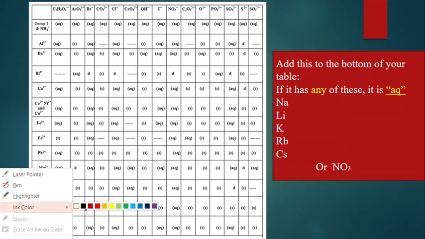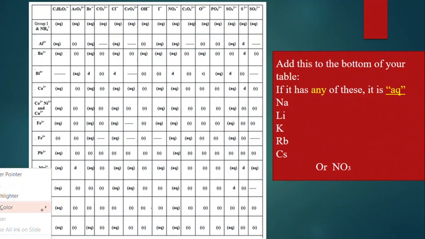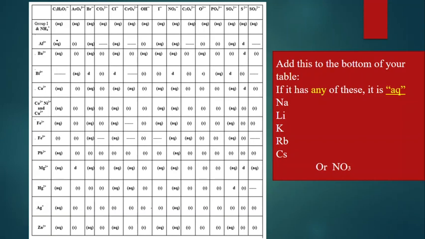These are the ones usually listed first in a chemical formula. And then on the top are the negatives, which are usually listed last. All you have to do is look.